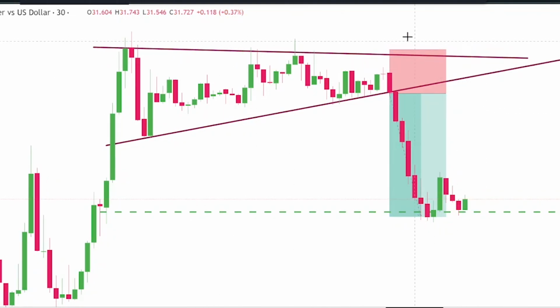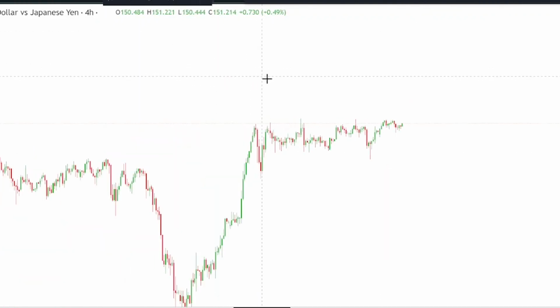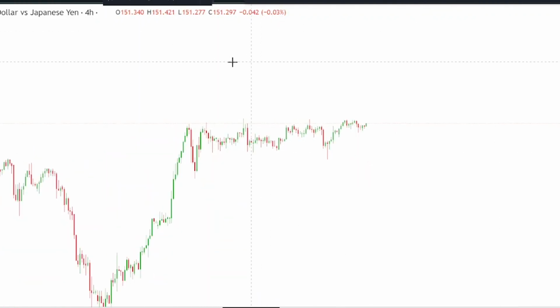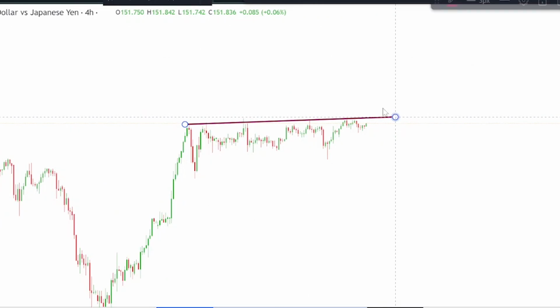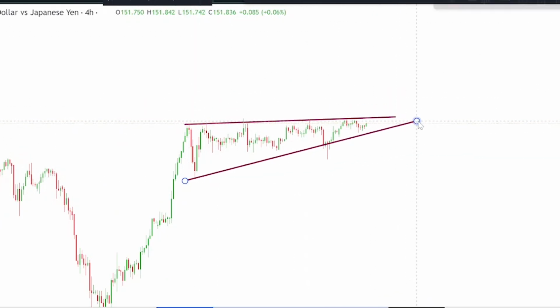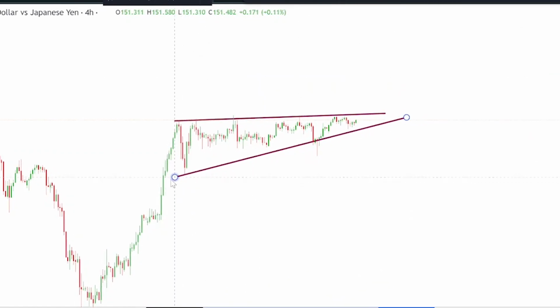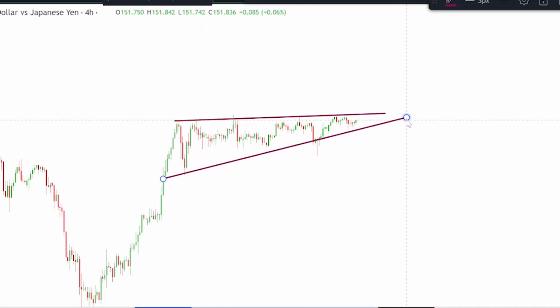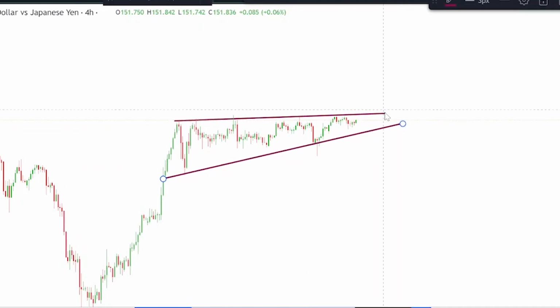Let's take another example. So here we are in the uptrend again, with the formation of an ascending triangle. We have these highs from this area, and from the downside we are creating higher lows. So now we have to wait for the breakout from the top or from the bottom to take a buy or a sell.